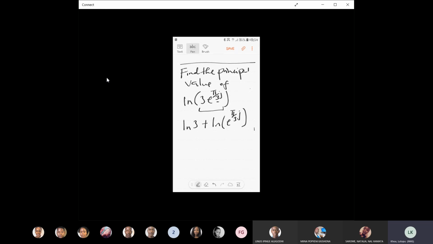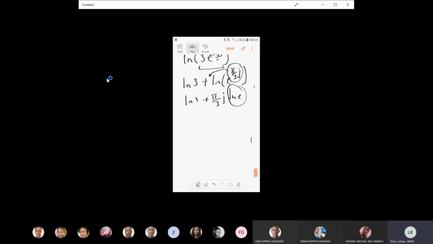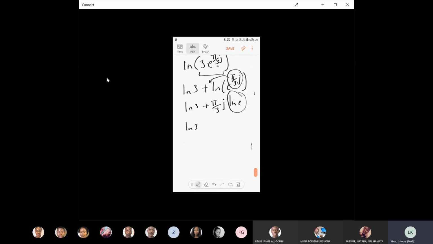Okay, now this exponent over here, you know it comes down from your laws of logarithms. I have ln of 3 plus pi over 3j times ln of e. But you know that ln of e is equal to 1. So I have ln of 3 plus pi over 3j.